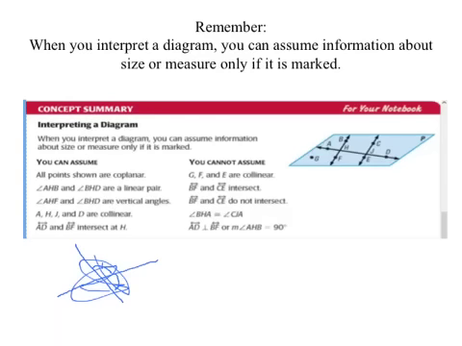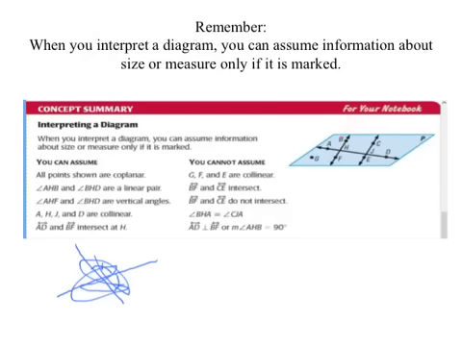When you interpret a diagram, you can assume information about size or measure only if it is marked. Okay, you can assume all points shown are coplanar. I have one plane here. You can assume that they're all on the plane. You can assume that angle AHB and BHD are a linear pair.